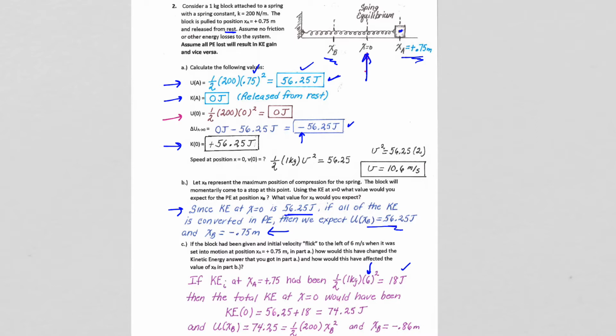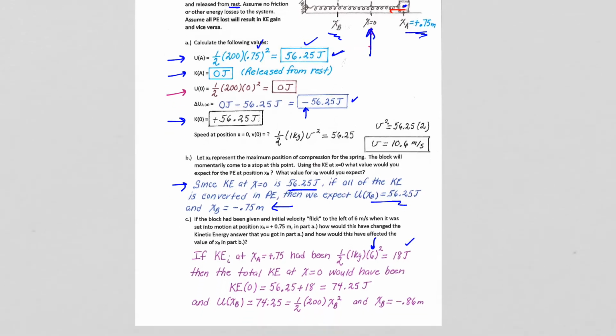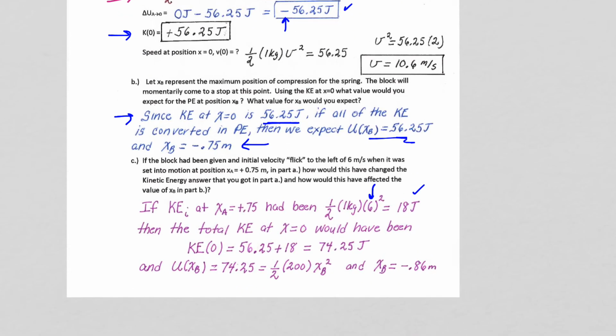So we flicked it to the left in addition to pulling the spring. We would then get a total kinetic energy based on the additional 18 joules.